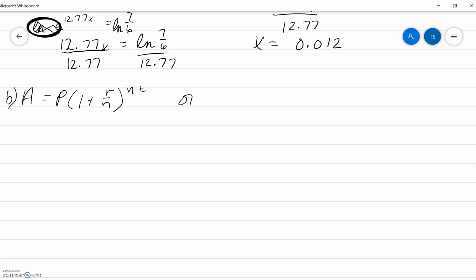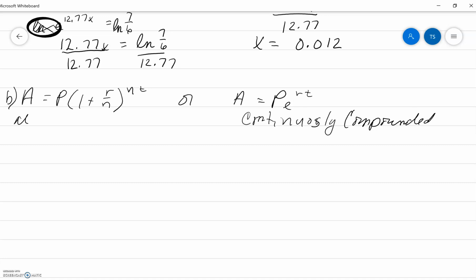This is for compounding monthly, weekly, whatever, or A equals P times e to the rt if it's compounded continuously. So this one is continuously compounded, and these are for all other compounding. You have to pay attention to what type of compounding.